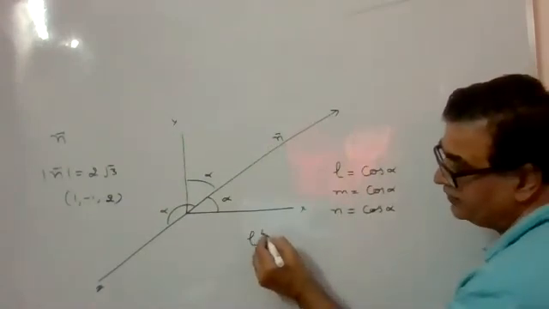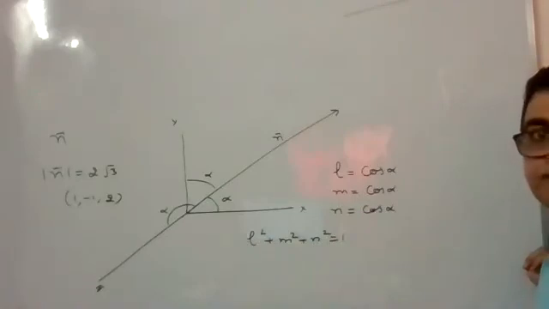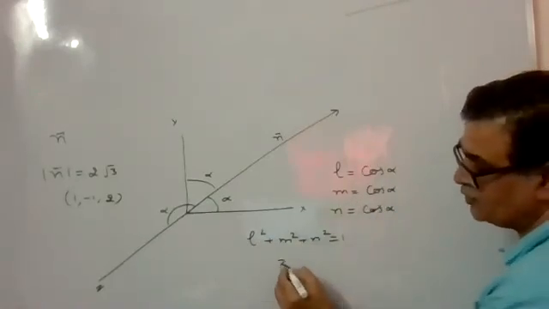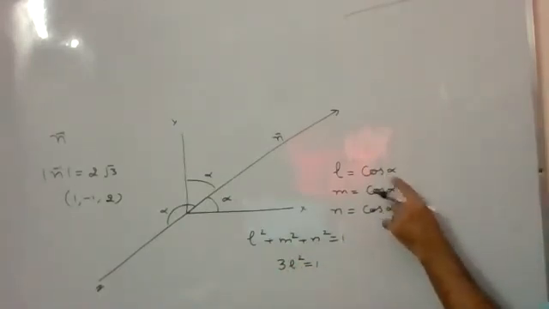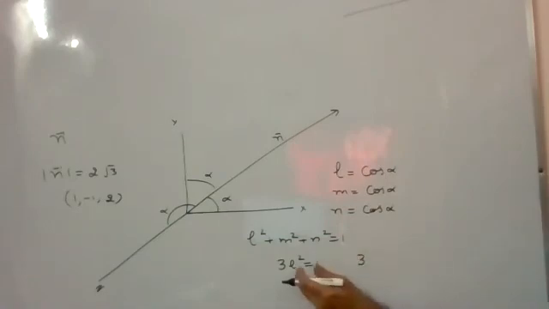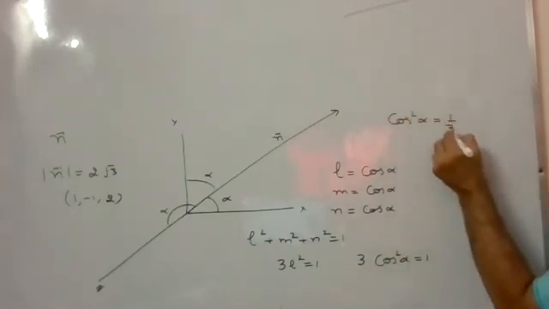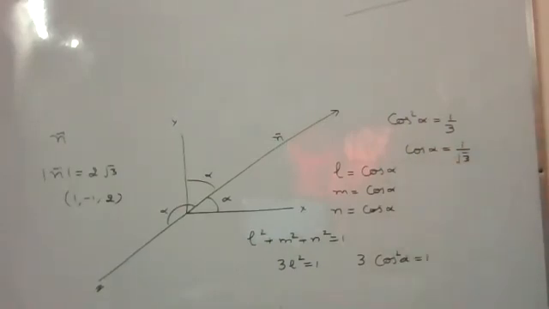We have already done this. l square plus m square plus n square is 1. All three are the same, so 3l square is 1, so 3 cos square alpha is 1, or cos square alpha is 1 by 3, or cos alpha is 1 by √3.